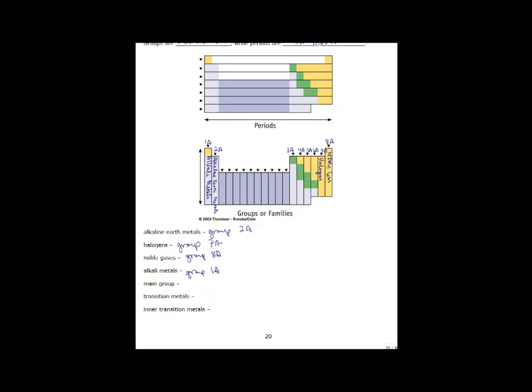Main group elements are the ones with A after them. So groups belonging to A. So all the ones I just went over are main group elements. Now the transition metals are B. So all of these are considered your B, transition metals.